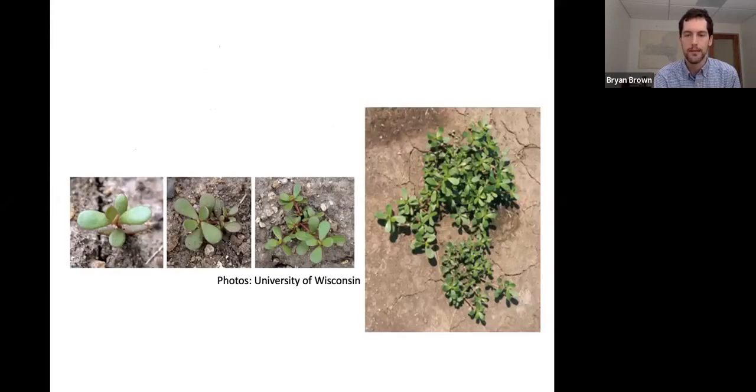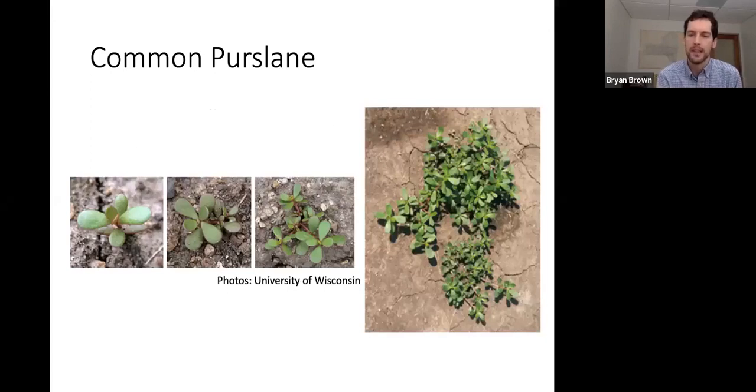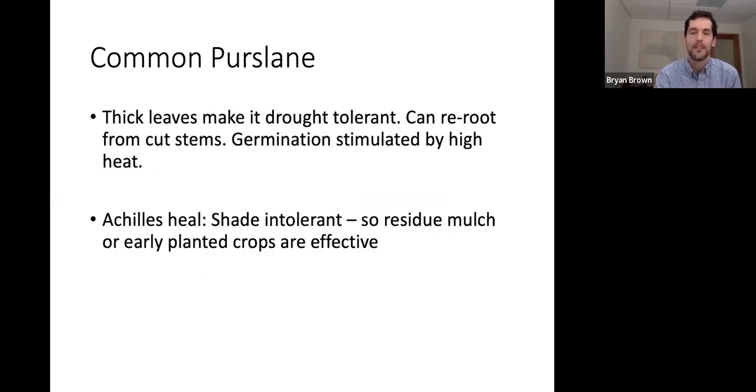Okay, next weed. This is common purslane. And common purslane has a very distinctive appearance, these thick, waxy leaves, which contain a lot of water and a lot of stored nutrients that can actually really help it survive cultivation or plowing efforts.